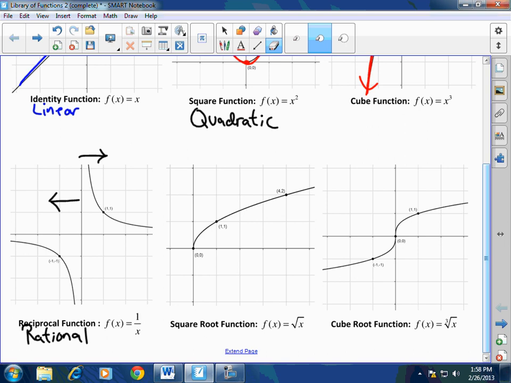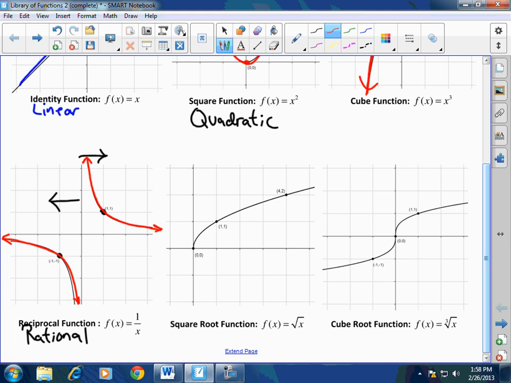So for the reciprocal function, if you were going to make a table, just choose x as 1 and y as 1. You're going to get the point 1, 1 and the point negative 1, negative 1. You have to learn the rhythm of a rational. It approaches the y-axis and it approaches the x-axis, but it never gets there. In the third quadrant, it approaches the y-axis and the x-axis, but it never gets there.